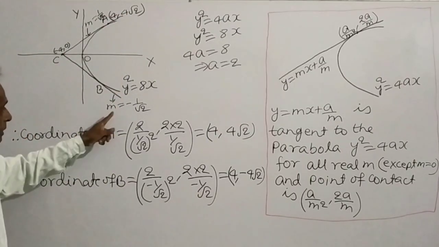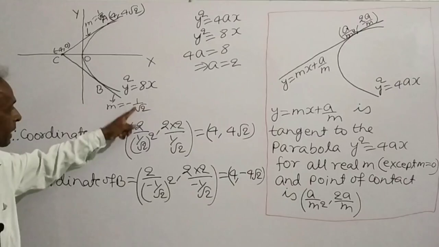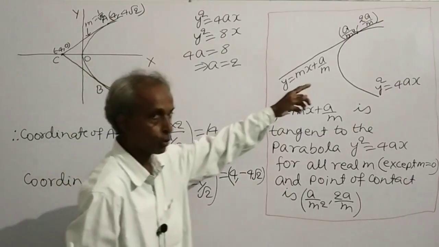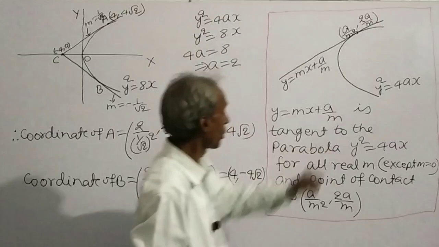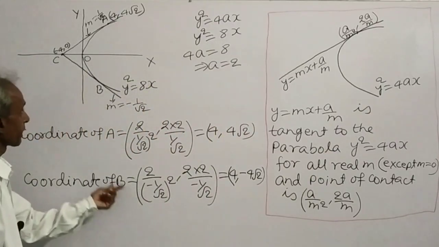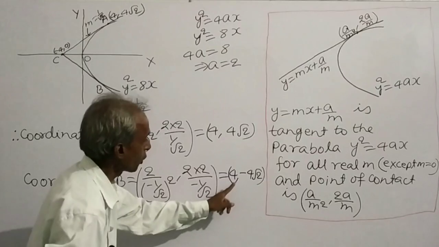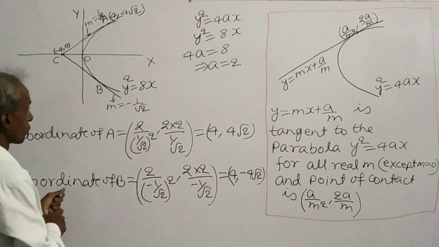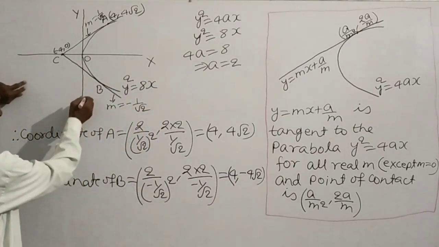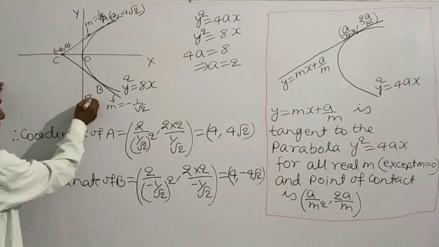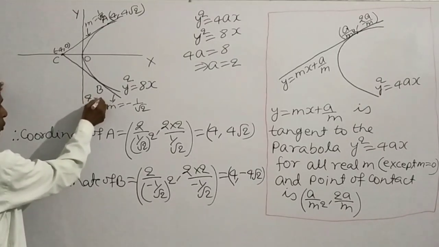And putting m is equal to -1 by √2 and a is equal to 2 in this coordinate, we get the coordinate of point B: 4, -4√2.